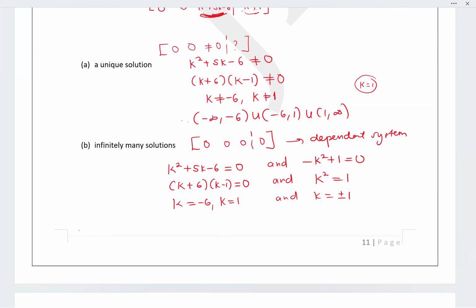So you have to take the intersection because you want these two conditions to hold. You want here to be 0, and you want here also to be 0, right? So here you have minus 6, 1, and you intersect it with minus 1 and plus 1. If you take the intersection, the only thing that is common is 1. So k has to be 1.